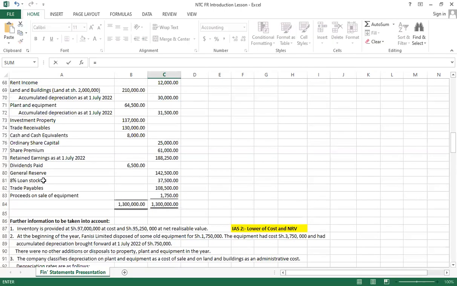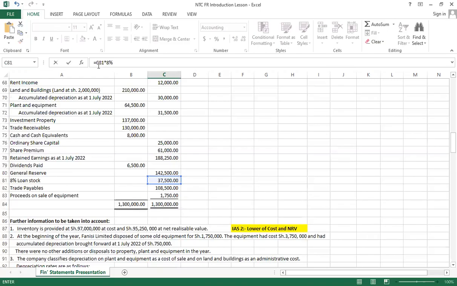The interest expense for the whole year is the loan amount, 37.5, times the 8%.